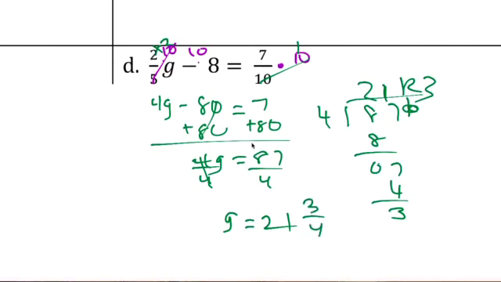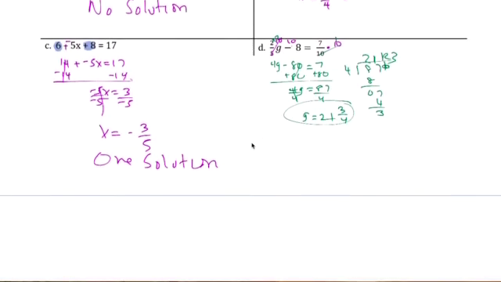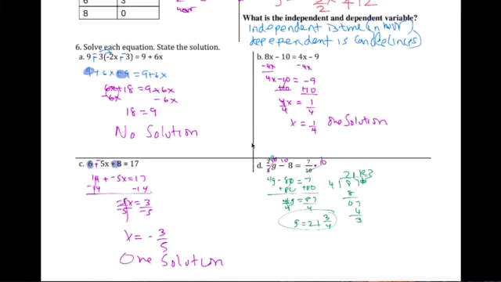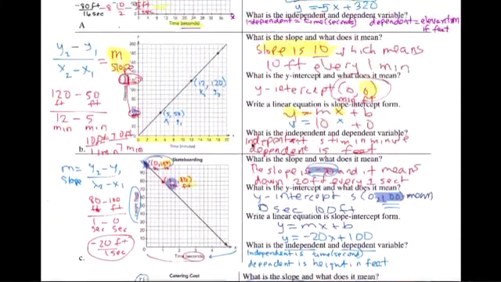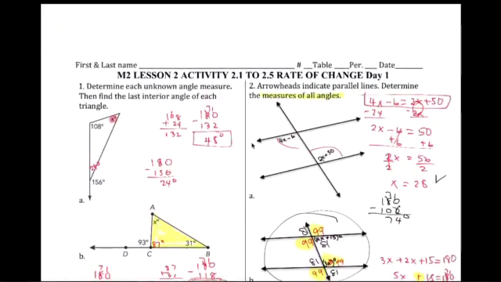Remainder 3 over 4. One solution. Okay, that's how you do those. Hopefully that helps.